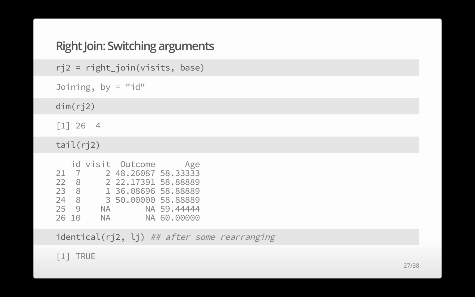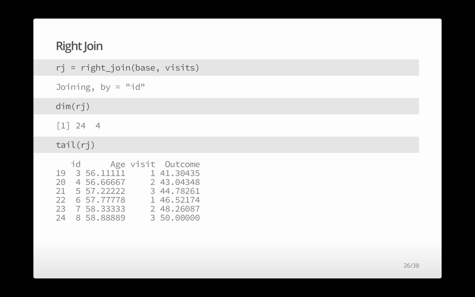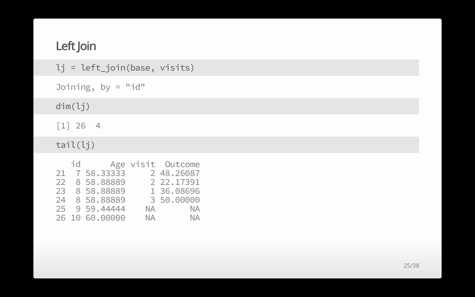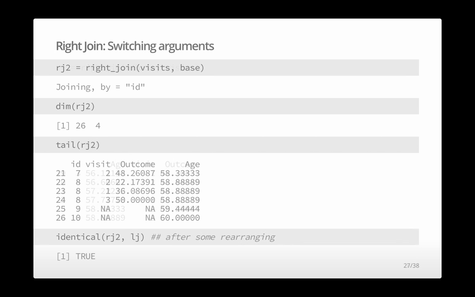The only big difference is twofold. The order of the columns is different. So remember, this right join, ID, visit, outcome, age, versus ID, age, visit, outcome. They're different because of the way it's merging the things together.